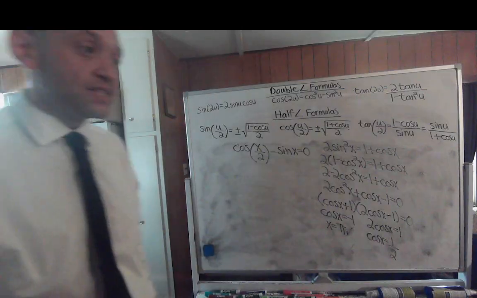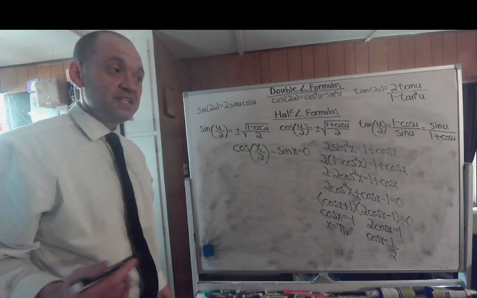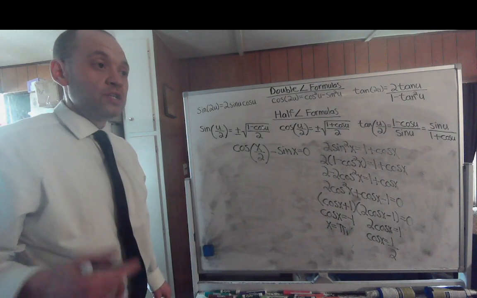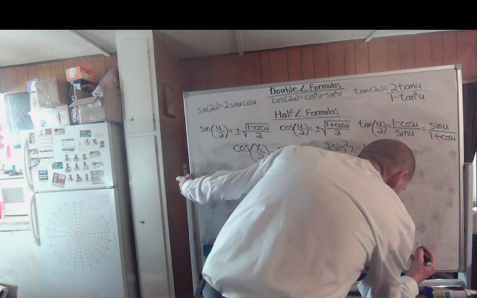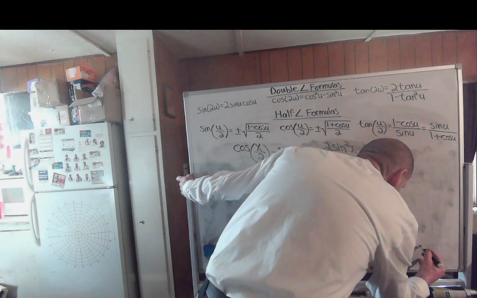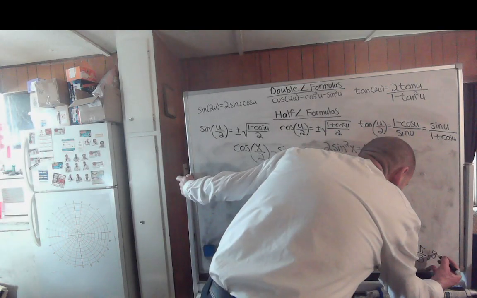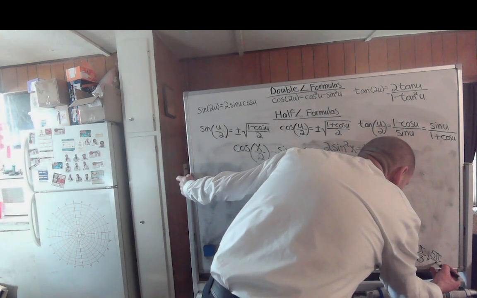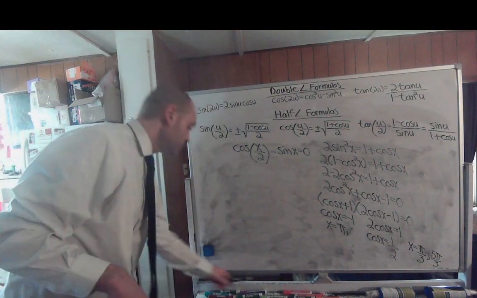Well, the cosine's only positive in the first and fourth quadrants, and it's based off of a 60-degree angle. So x would have to then only equal pi over 3 and 5 pi over 3 in that interval. However, we're not done yet. We need to test for extraneous solutions.